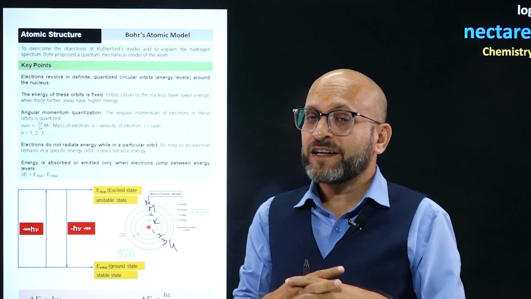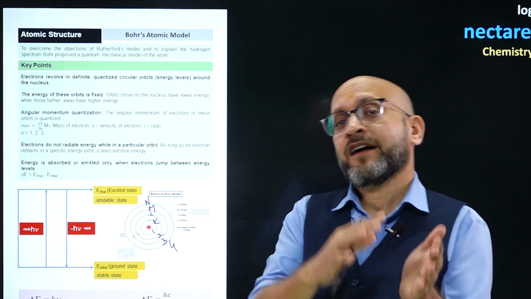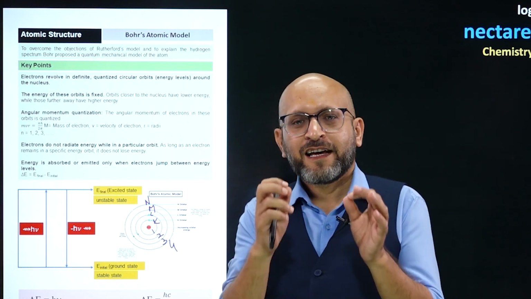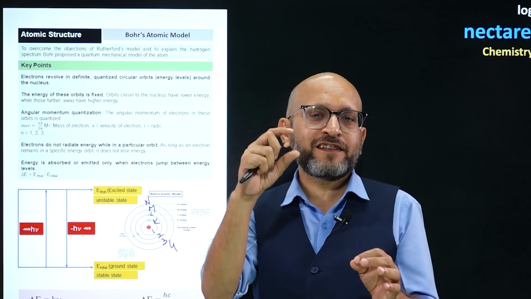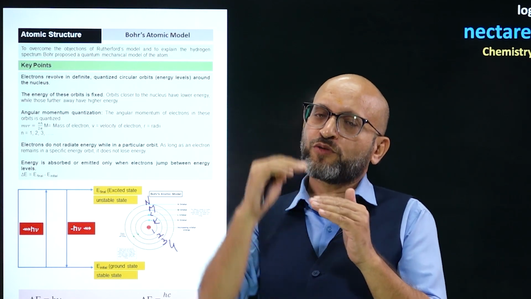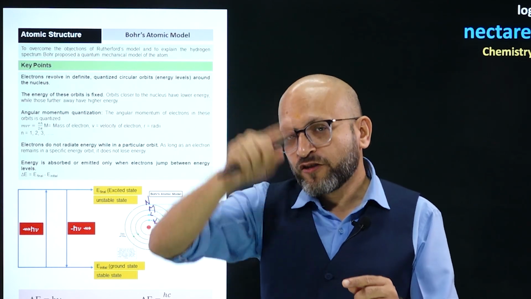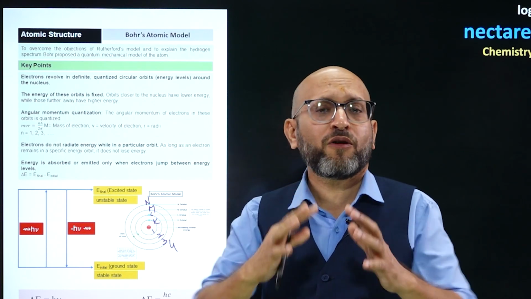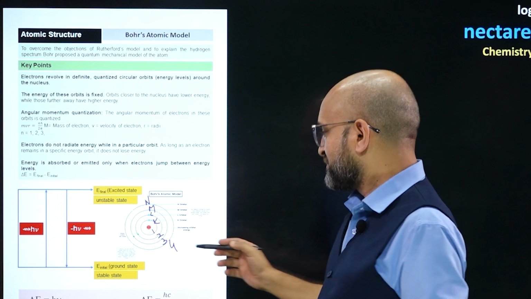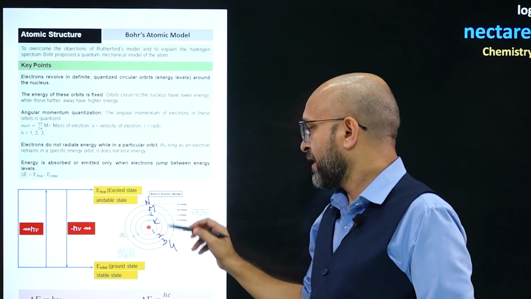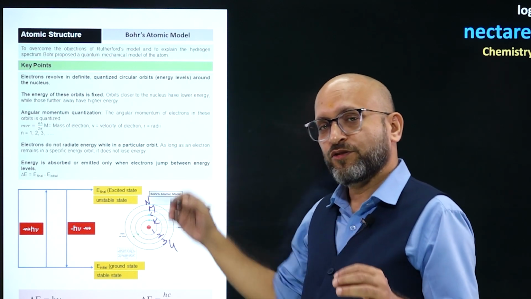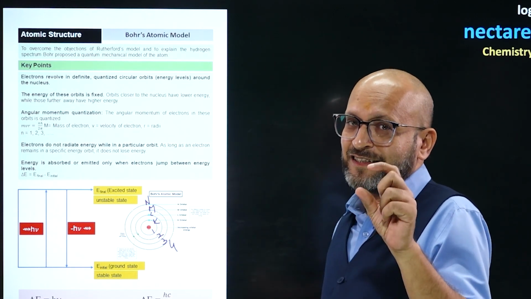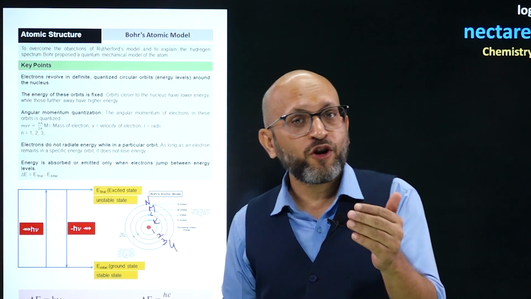How the energy of an orbit is calculated, we will talk about later, but here you must understand that energy equal to the energy difference is absorbed in going to a higher orbit, and when the electron falls back, it emits energy equal to the energy difference between the orbits. So if energy is absorbed, the electron goes up, and it falls back when energy is emitted.